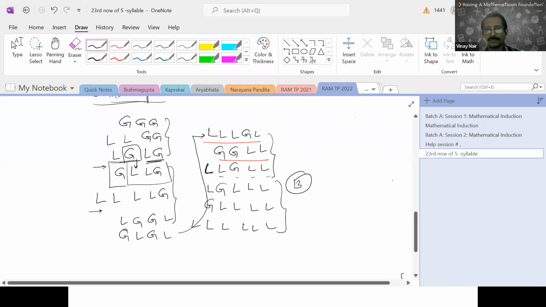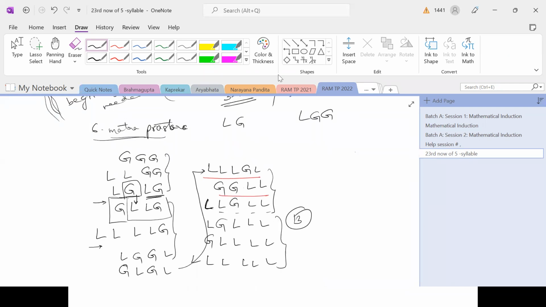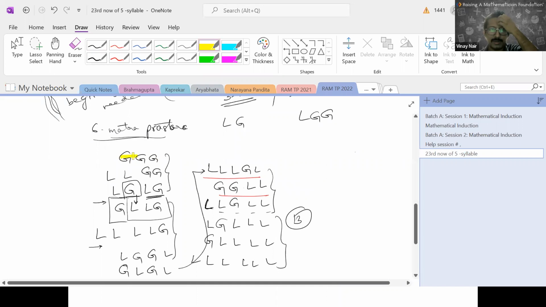So in the 6 matra prastara, the first 5 are the same as the 4 matra one, except there is a trailing G. So if you remove that G, it will be the same. Let me just try to color it. You look at this yellow part, 1, 2, 3, 4, 5.